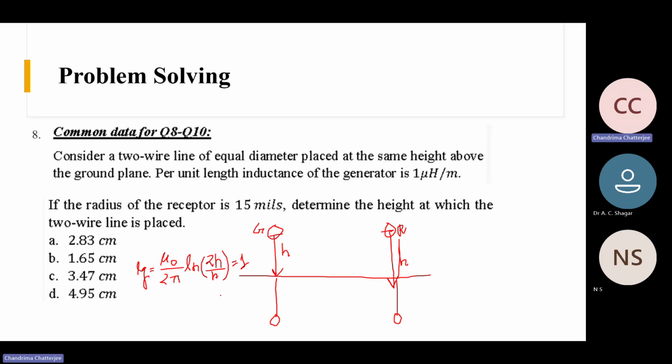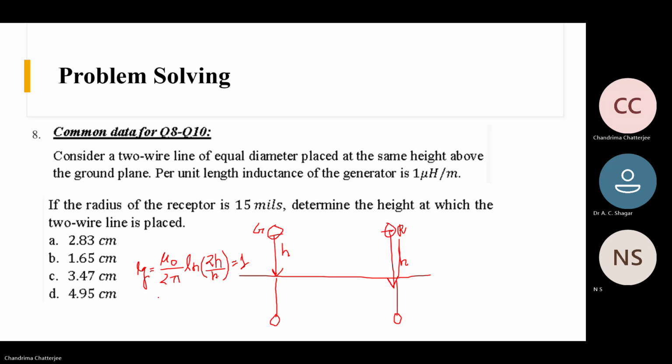Ma'am, while taking the natural log, the anti-log, the value is too high. No, you see, this is 1 microhenry per meter. Did you take that into account?